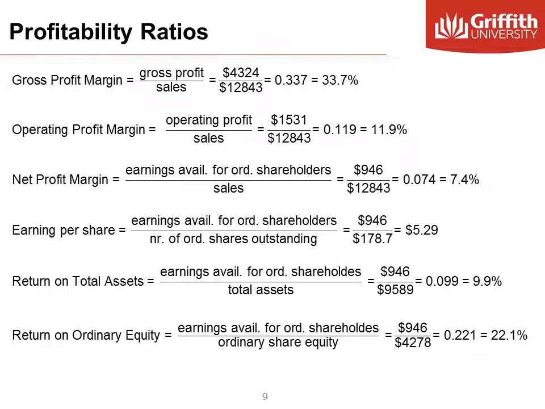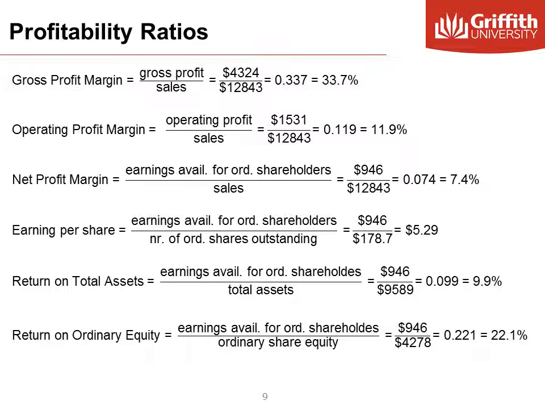It measures how well the firm controls the costs required to generate the operating profit. It tells how much the firm earns for every dollar in sales, less all costs associated with production, other than interest and taxes. In the example, the firm earns almost 12 cents for each dollar in sales. The higher the ratio, the better it controls the costs with the same sales.